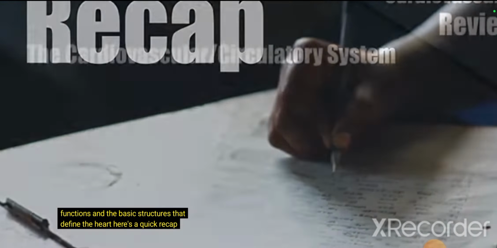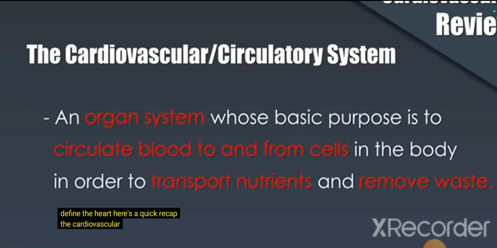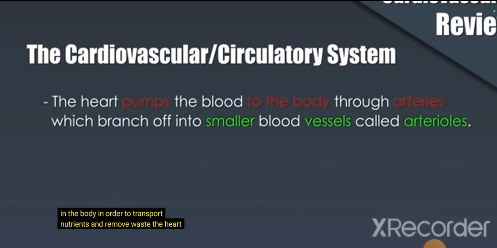Here's a quick recap. The cardiovascular or circulatory system is an organ system whose basic purpose is to circulate blood to and from cells in the body in order to transport nutrients and remove waste. The heart pumps the blood to the body through the arteries which branch off into smaller blood vessels called arterioles.